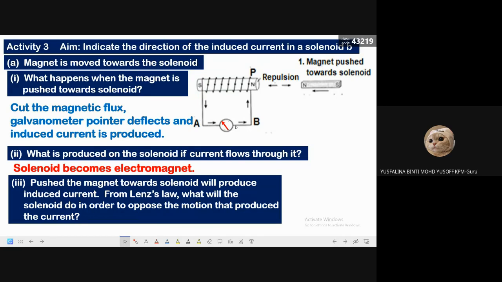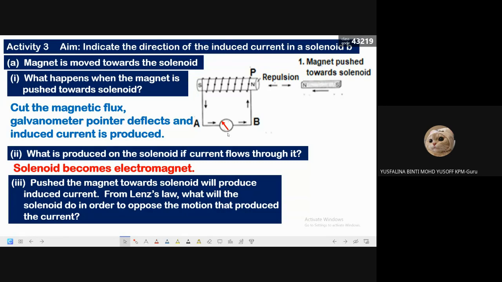But then you can see the direction is the opposite way, because this is actually the flow of electrons. So the direction before this, before the new syllabus, your KSSM.